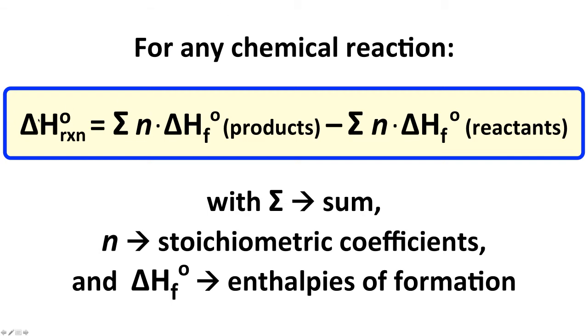So the delta H of reaction for any chemical reaction is the sum of the delta H of formation of the products, each multiplied by its stoichiometric coefficient, minus the sum of the delta H of formation of the reactants, each multiplied by their stoichiometric coefficient.